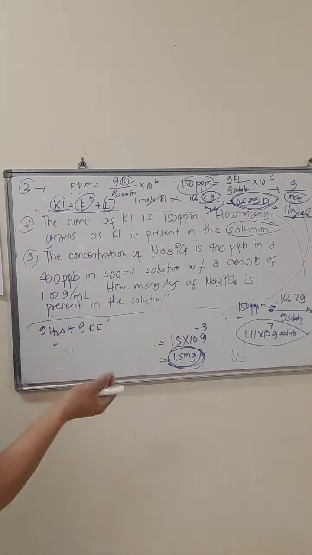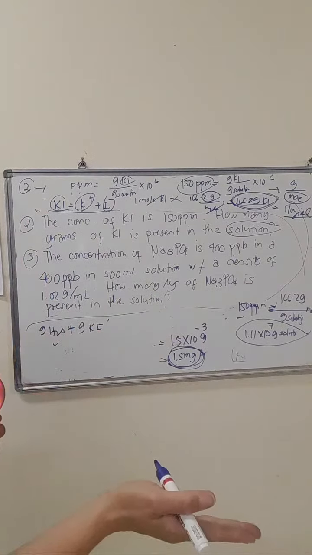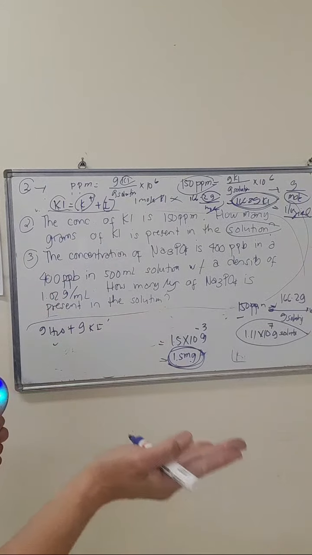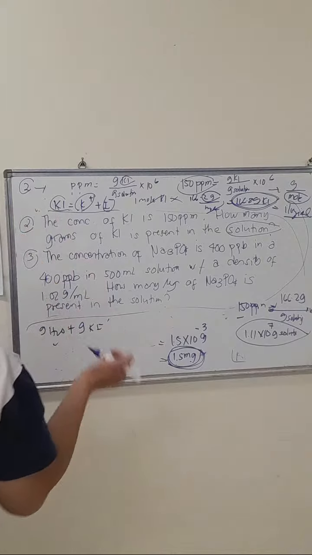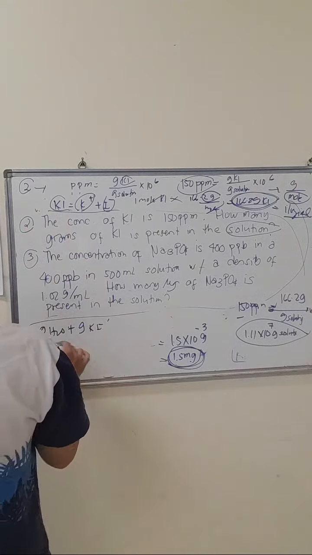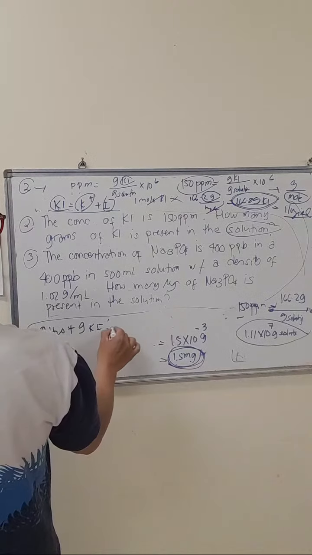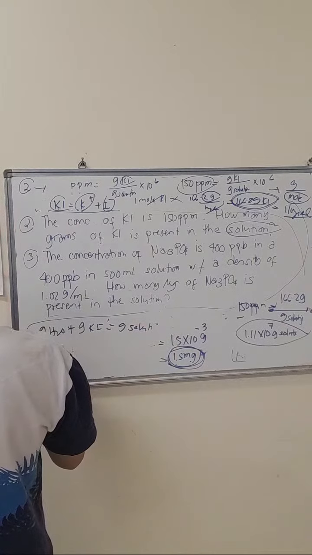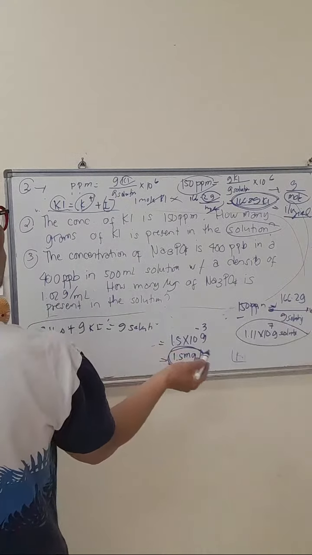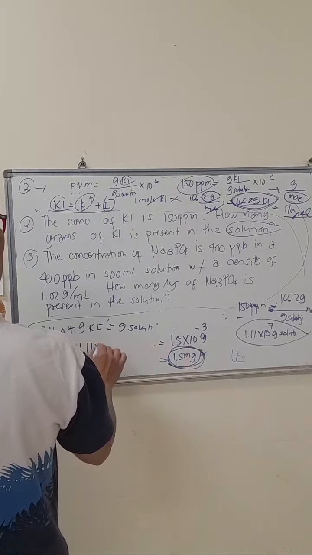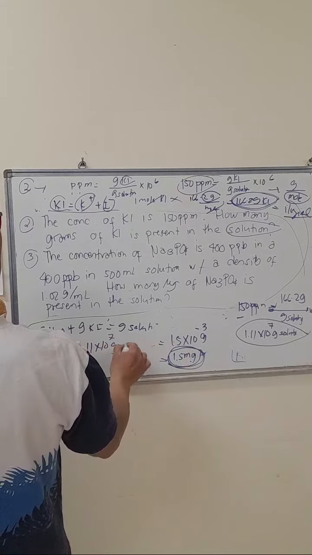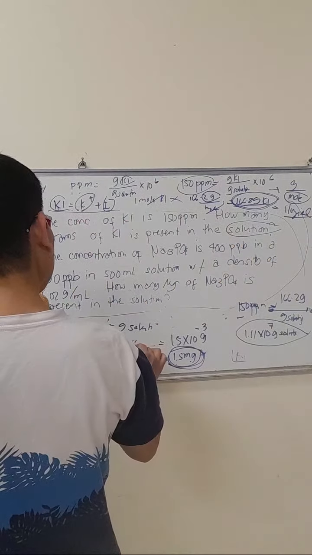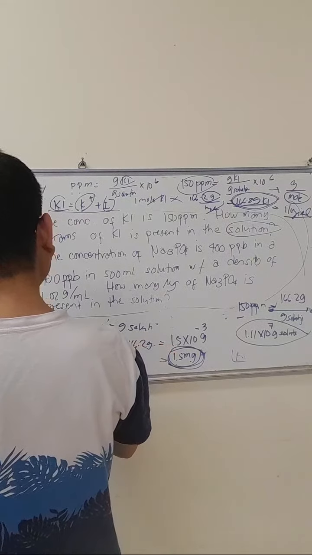Because it will never dissociate without addition of water or any other solvents. And we assume water because there's no other solvent mentioned in the problem, which is the standard in solving chemistry problems. Now, we need to solve for the grams of water. So grams of water is equal to the grams of solution, 1.11 times 10 to the 7 grams, minus the grams of potassium iodide, 166.2 grams.